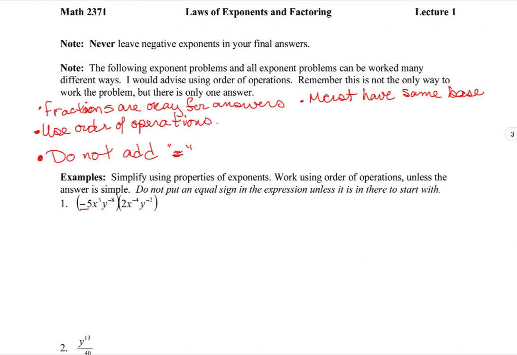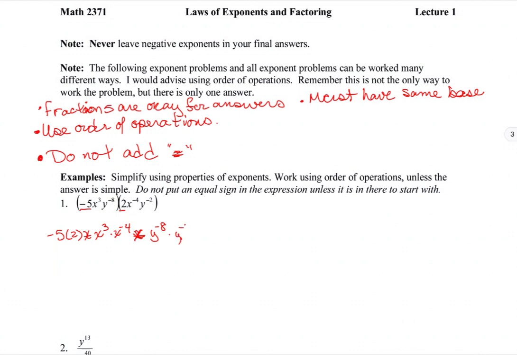The first thing I'm going to do is I'm going to combine my numbers. So -5 times 2. Then I have x cubed times x to the -4. And then I have y to the -8. And these are all multiplication signs here. Times, and I'm going to put just a normal big multiplication in between here so that we can separate each part.